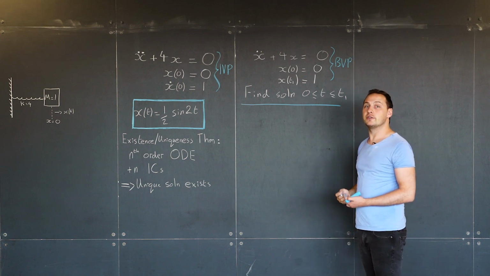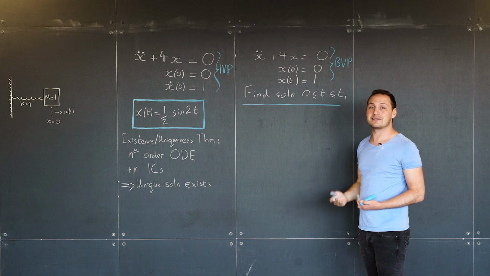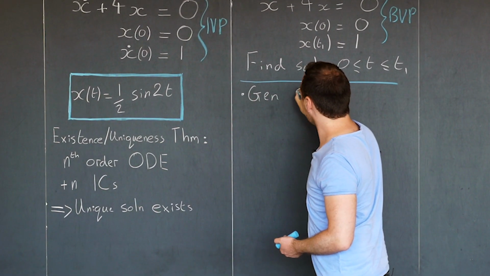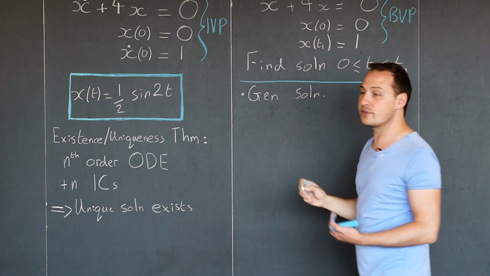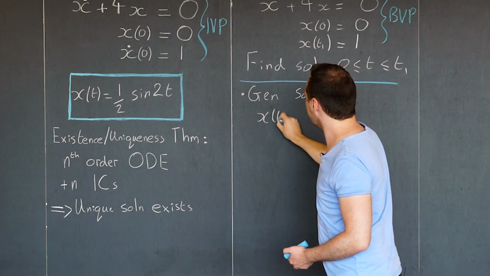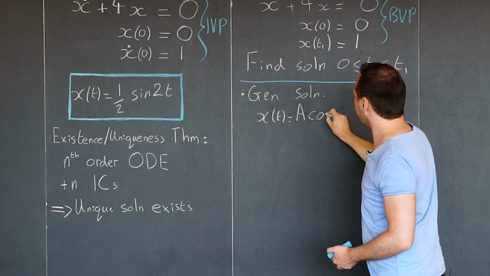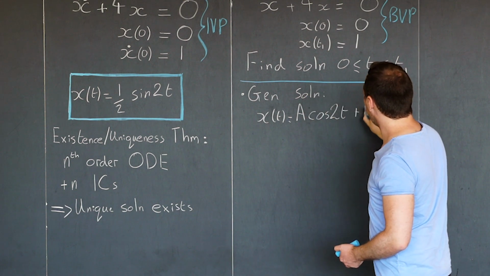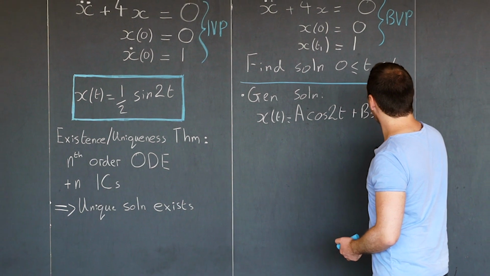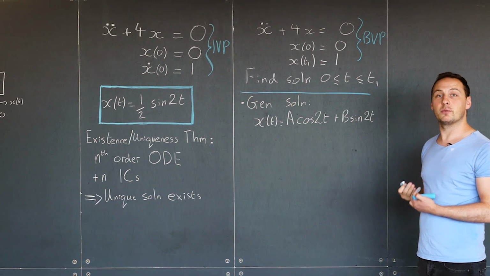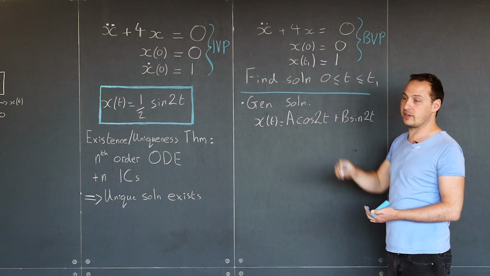The general solution for this problem will be exactly the same as for the initial value problem. That is, the general solution, x of t, is equal to a cosine 2t plus b sine 2t, where a and b are 2 constants which will be determined by the boundary conditions.